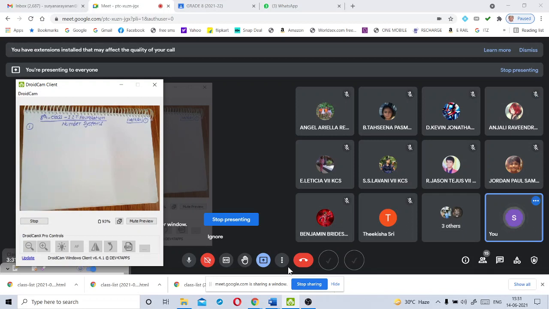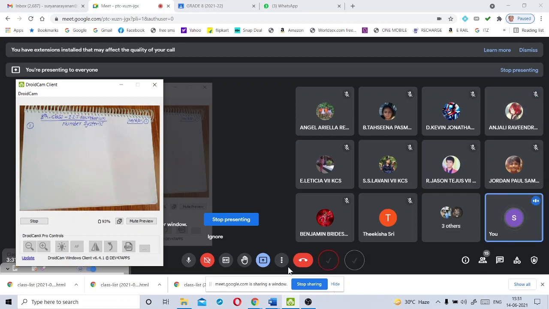In the number systems, ascending order and descending order. You know what is meant by ascending order and what is meant by descending order? Small to big is ascending order. Descending order is big to small. Very good, my dear Anjali.